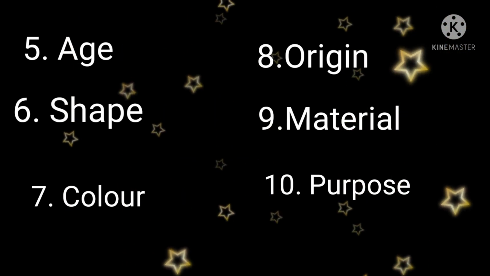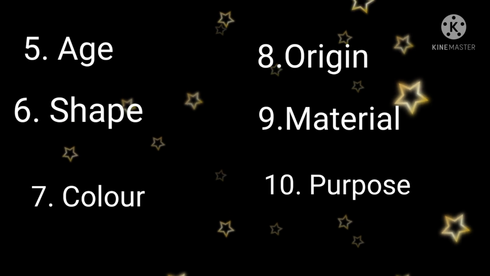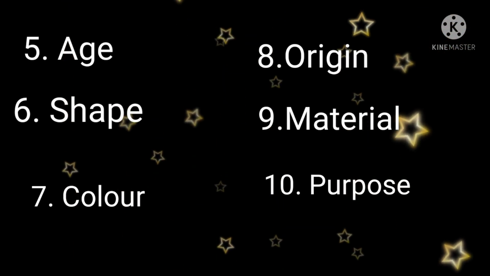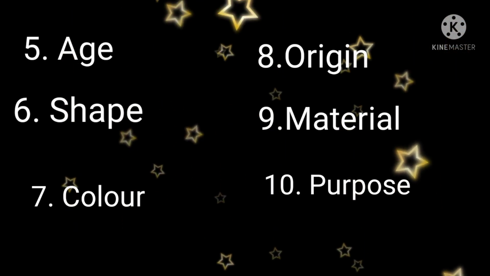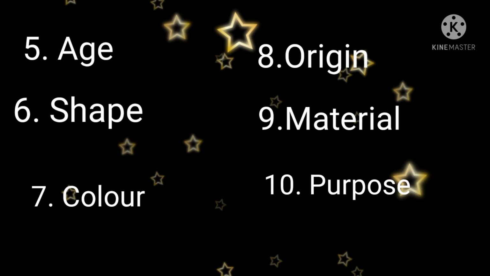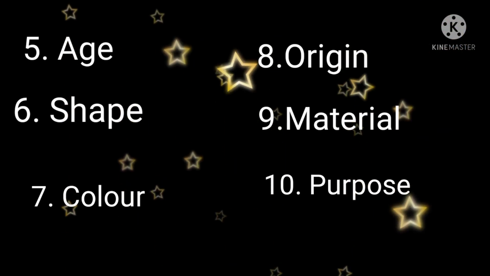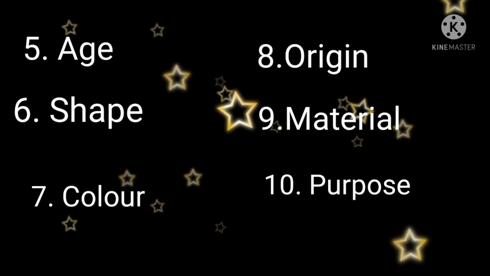This will be the order of adjectives if there is more than one adjective. All these 10 will not come in one sentence. Sometimes there will be 2, sometimes 3, 4, and so on. If you don't use more adjectives, the sentence will be simple. It's better not to use many adjectives in a sentence.